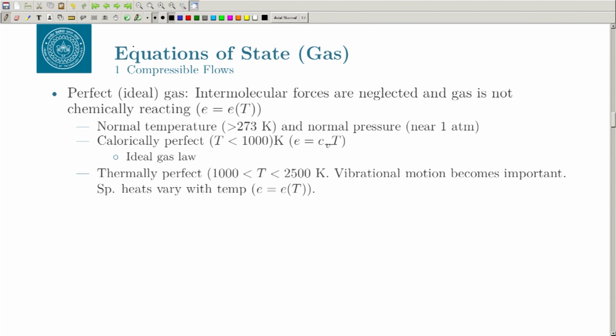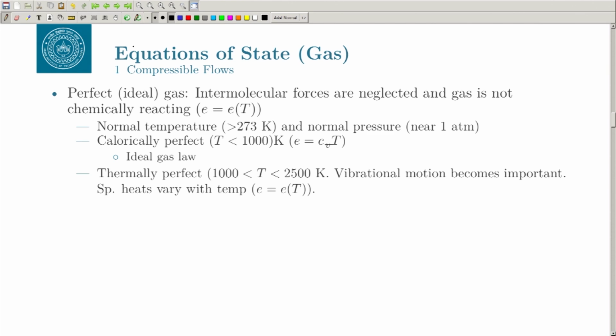So, we can make several approximations, and we can work in a perfect or ideal gas scenario where things become much simpler. Okay. So, what is a perfect or ideal gas? It is the gas where the intermolecular forces are neglected, and the gas is not chemically reacting.